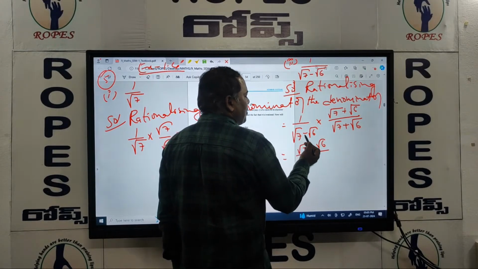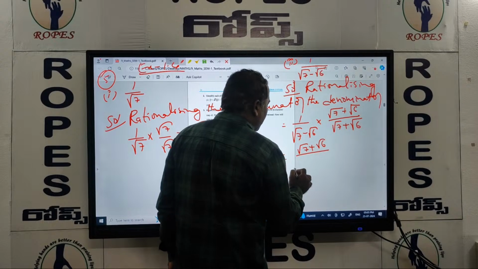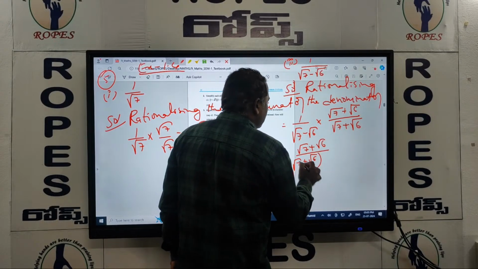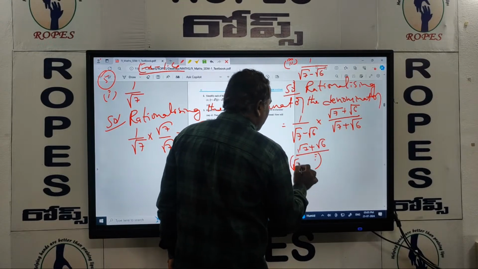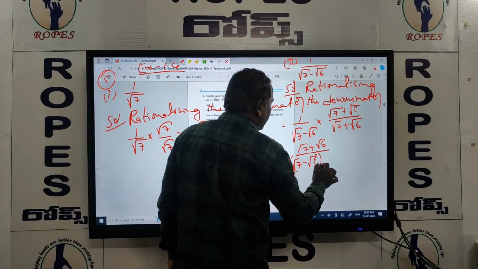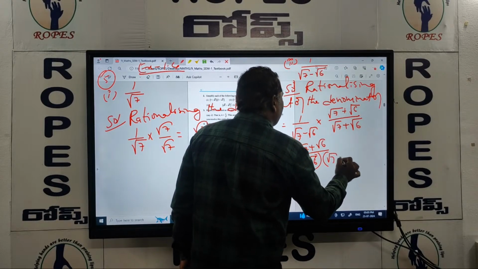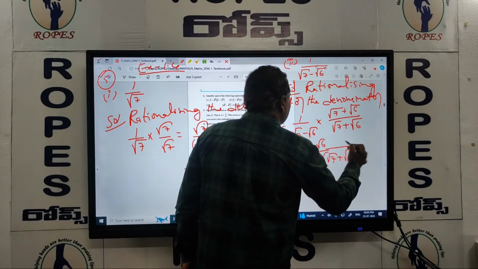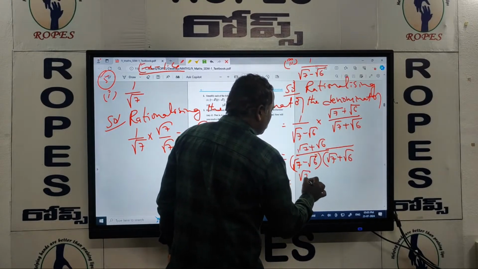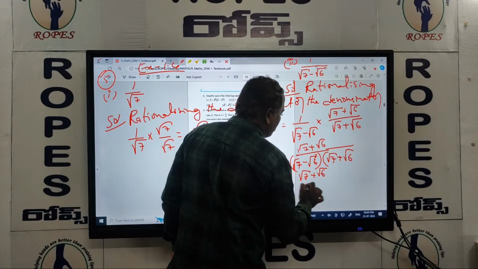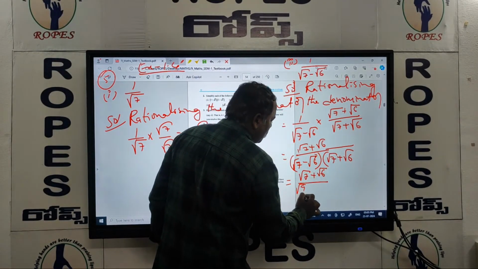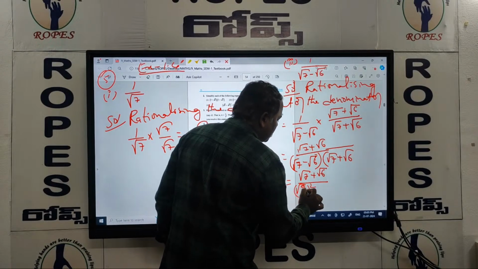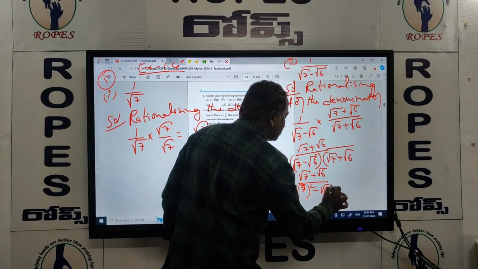Here 1 into root 7 plus root 6 is nothing but root 7 plus root 6. Now here the denominator is in the form of a minus b into a plus b. Then we can write root 7 minus root 6 into root 7 plus root 6. After writing this, root 7 plus root 6 by, it is in the form of a minus b into a plus b, then we can write root 7 square minus root 6 square.